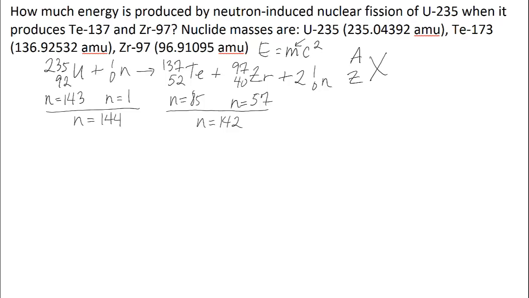Now what you want to do is find the mass loss by adding up the mass of the reactants and the mass of the products, and then plug that mass loss into the E equals mc squared equation. So let's first do the mass of the reactants. Uranium-235, given the mass, is 235.04392 atomic mass units, or AMUs, and then the mass of a neutron is 1.00866 AMUs.